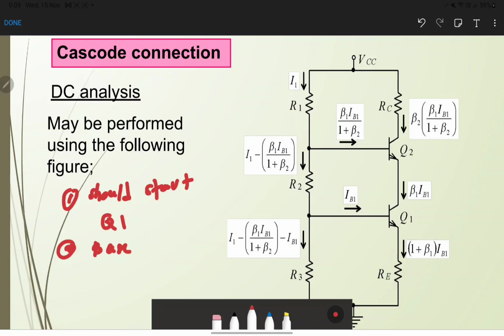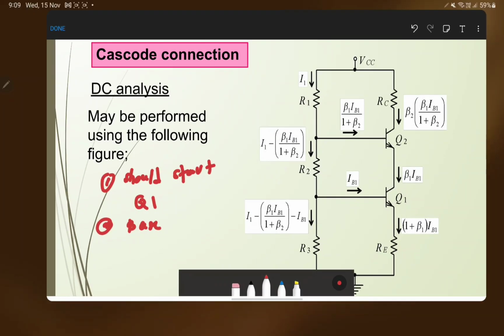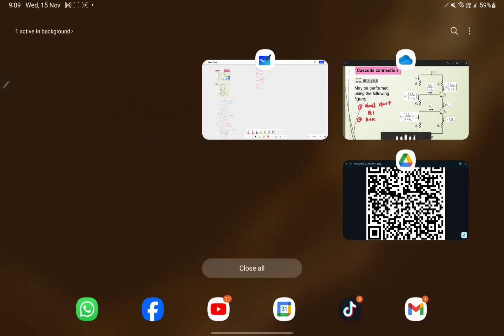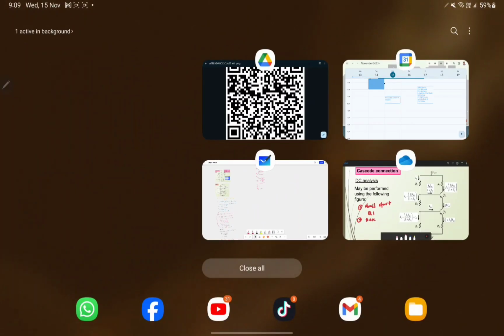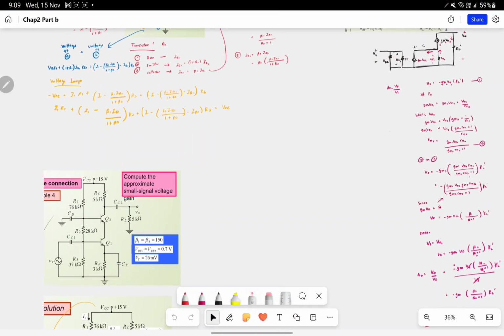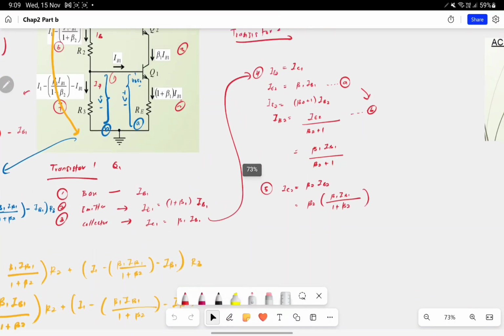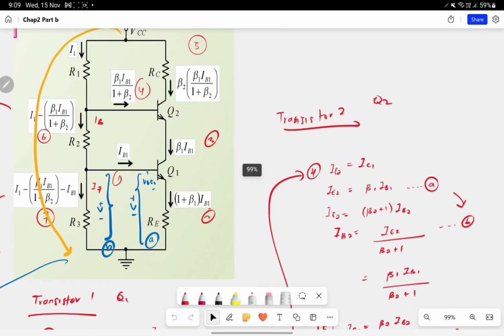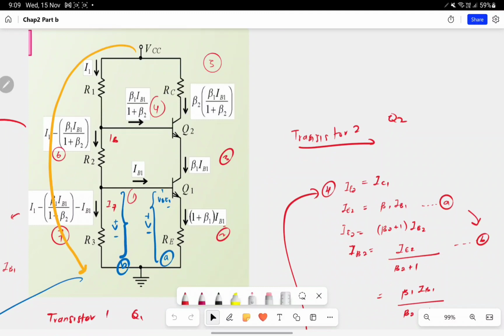To be more clear, we can see on the whiteboard. Okay, if you get this kind of circuit, you should start from Q1 at the base leg. So I label it as 1.